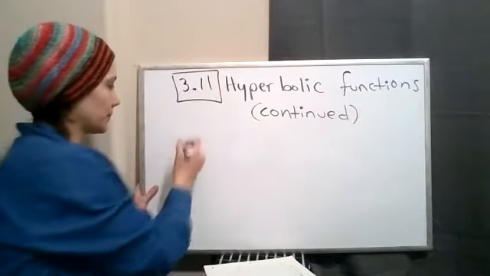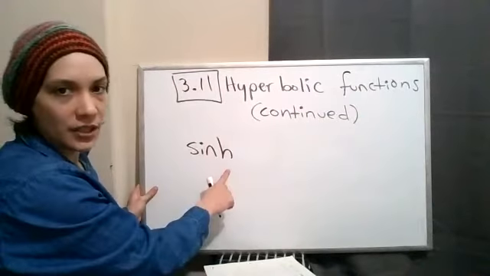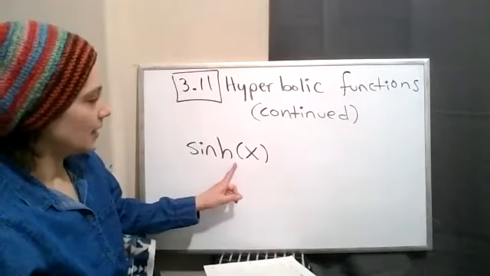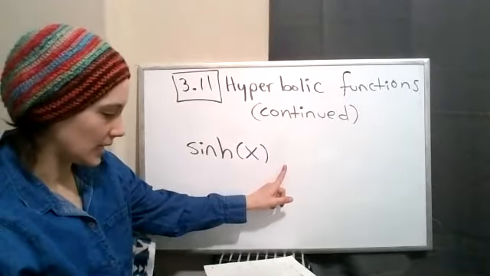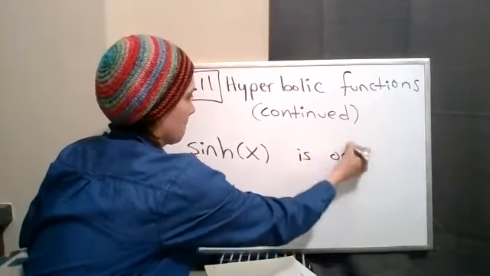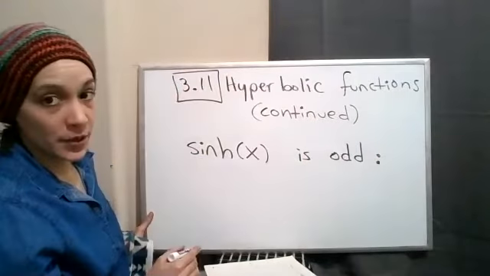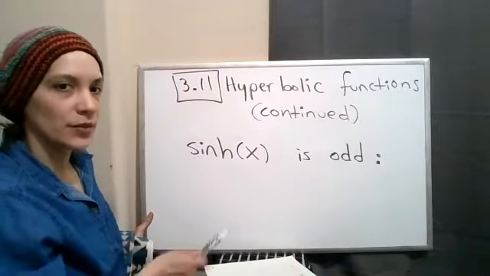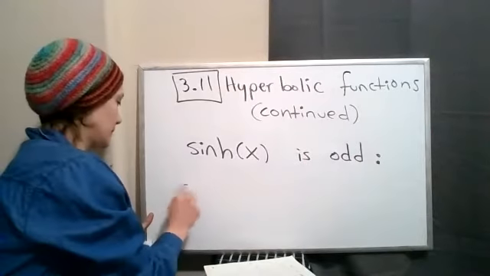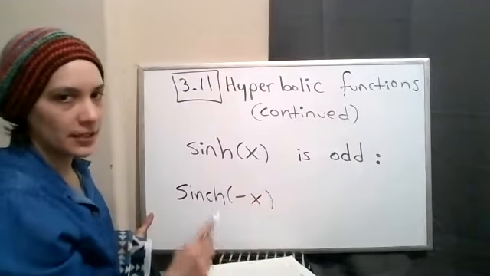This would be sinh of x. And we're going to say that this function is odd. We're not going to do the proof, but we're just going to write down what that means. So if you put in a negative x to that function, sinh of x, we get a negative sinh of x.